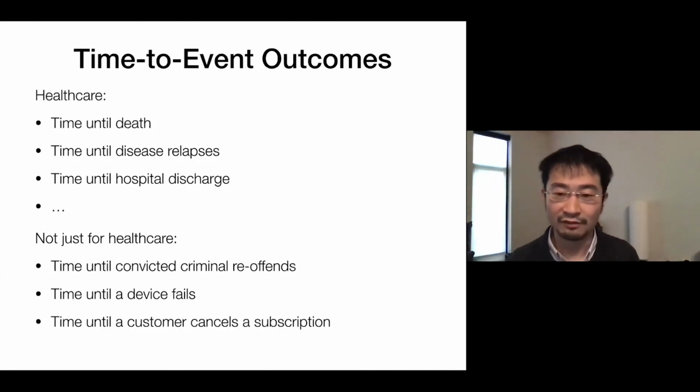Companies like Netflix care about things like churn, so time until a customer will cancel a subscription. And there are a bunch of other examples, whether it's, I don't know, realtors wondering how much time until a house will sell and things like that.